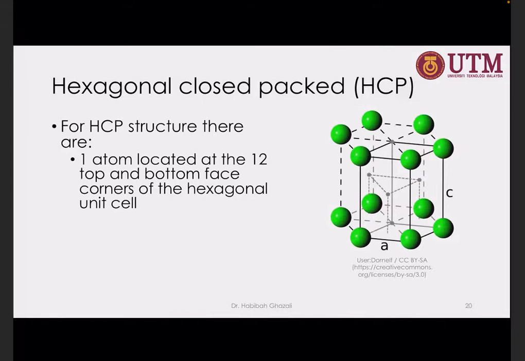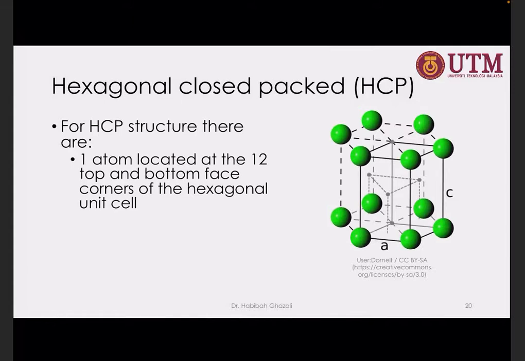Alright, thank you. Okay, so if you look at this, these green atoms are forming the hexagonal structure at the top surface of this crystal structure. One atom is located at each of the 12 top and bottom face corners of the hexagon.